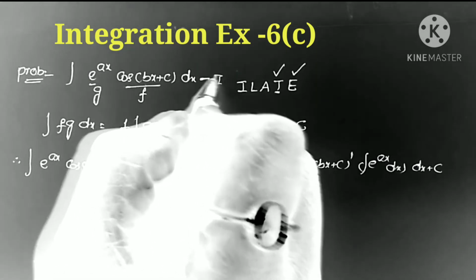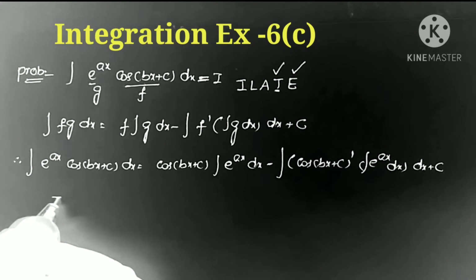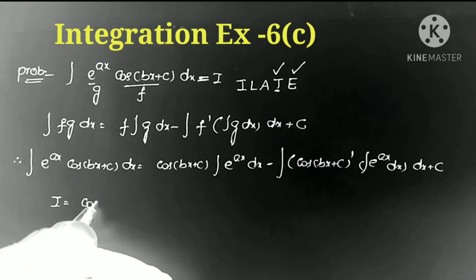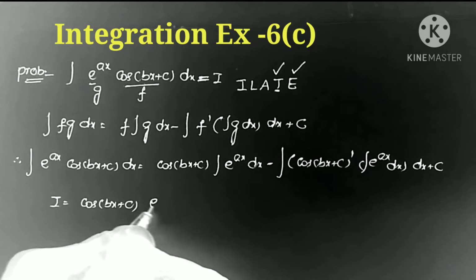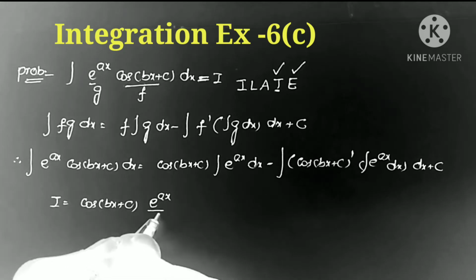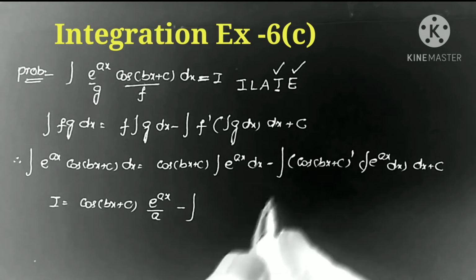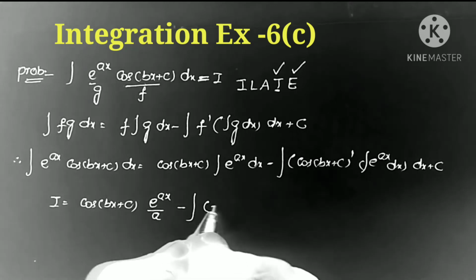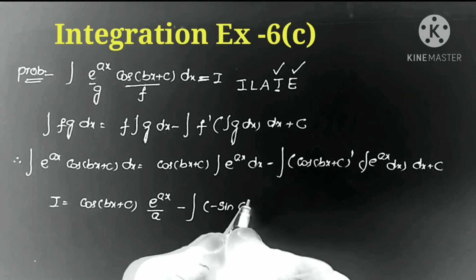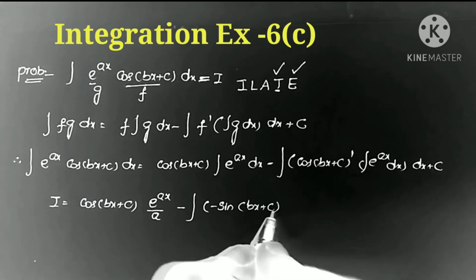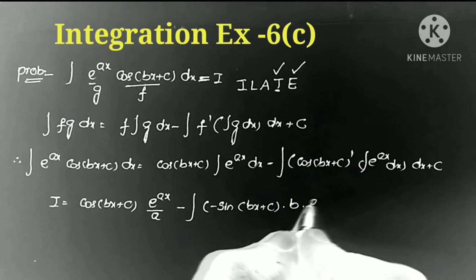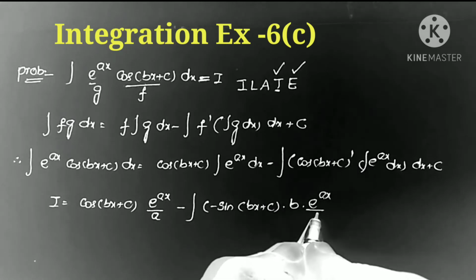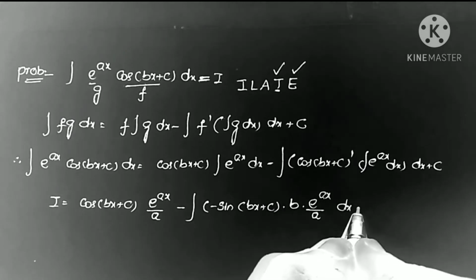And we take that the given problem is equal to I. Therefore I is equal to cos(bx plus c) into the integration of e power ax. What is the integration? E power ax by a, minus integral of the derivative of cos(bx plus c). The derivative of cos x is minus sin x, so minus sin(bx plus c), and again the derivative of bx plus c is b, into the integration of e power ax, e power ax by a, into dx plus c.